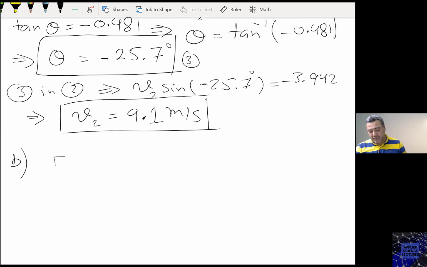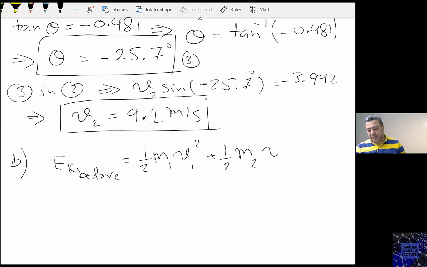So I will write EK before, and this equals half M1 V1 squared plus half M2 V2 squared. Let me call this one EKB. Half the mass M1 is 2.3 times 10 to the power 4.